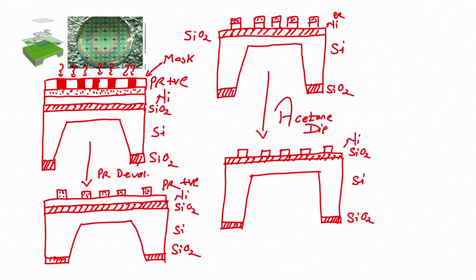So, if you come back to the screen, the next step would be to grow silicon dioxide. So, let me draw silicon dioxide with vertical lines like this.